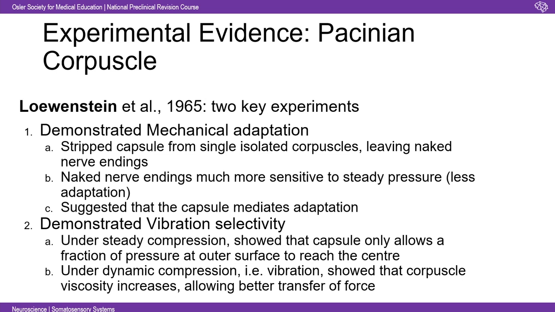Whereas if it's being dynamically compressed, i.e. by something vibrating, they basically showed in these experiments that the actual viscosity of the Pacinian corpuscle itself increased. So the force from the outside was transferred better to the nerve. So in short, the more dynamic the stimulus, the more likely it is to respond.